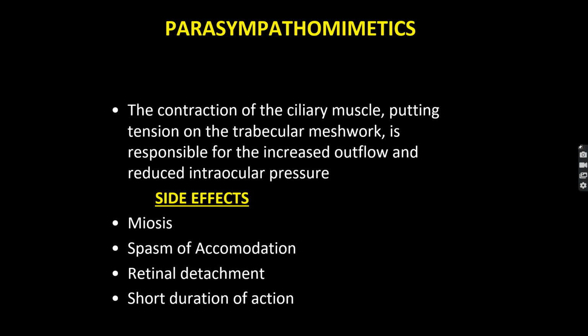So in the evening, the pupil will not dilate and they won't be able to see. So it becomes difficult for the patient to see in the evening or in the dark. Then there can be spasm of accommodation, that the eyes do not relax. The eyes are set for near vision, so that far vision is disturbed.